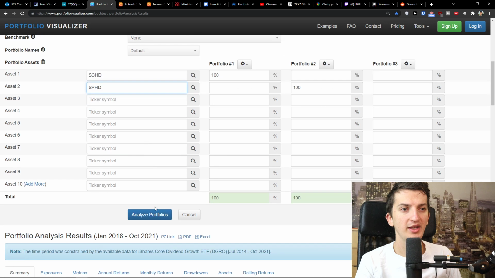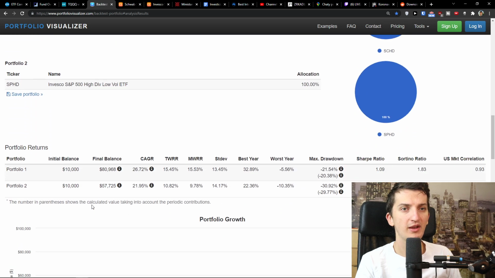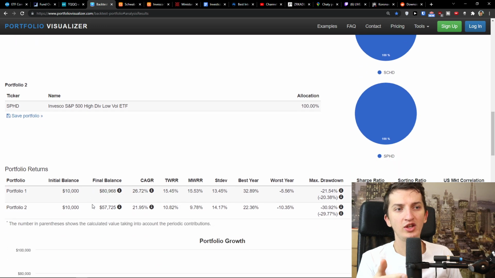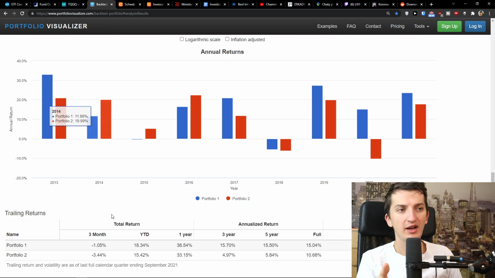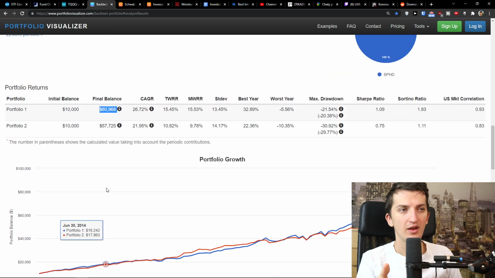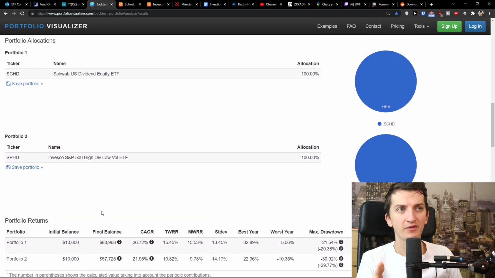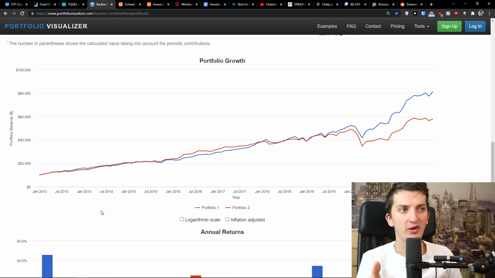Now, when we analyze the portfolios, we find that with SCHD you would make $30,000 more. You can clearly see the final balance, 80 to 57. So SCHD was outperforming.